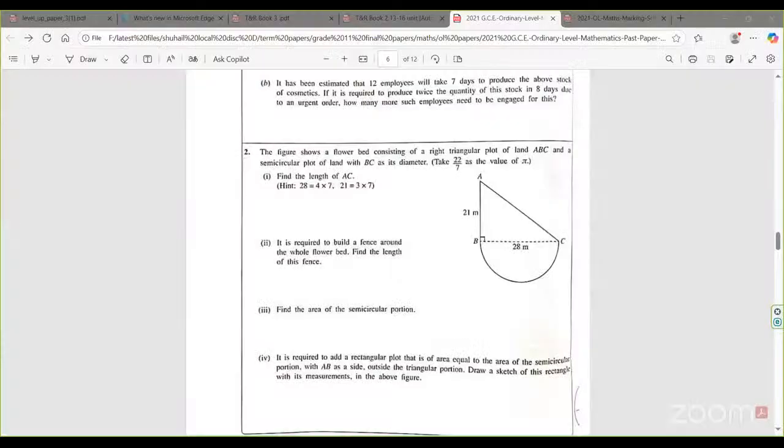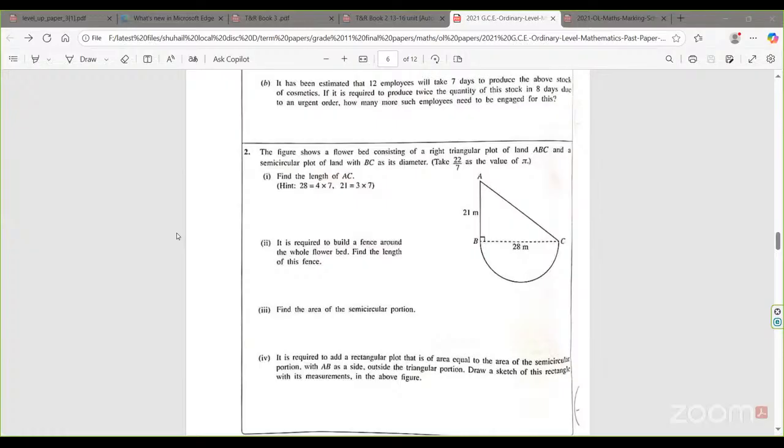We have to do this part. You're going to see the question. It is related to the figure shows a flower bed consisting of a right triangular plot of land ABC and a semicircular plot of land with BC as its diameter.